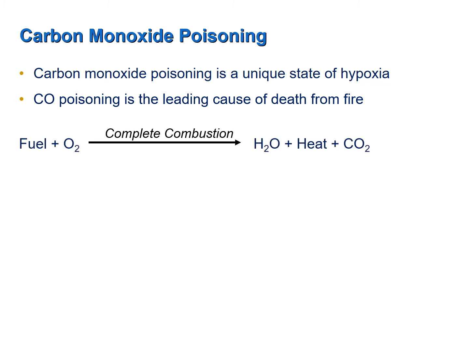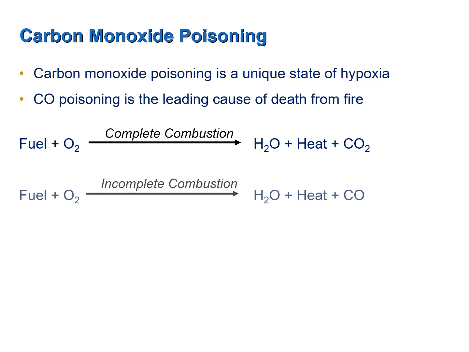So you probably are aware that combustion of a fuel, whether it is methane or wood, produces water, heat, and carbon dioxide. However, there is always some incomplete combustion that occurs whenever a fuel is burned or combusted.